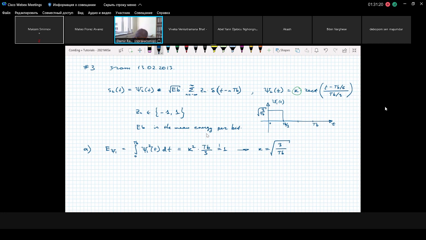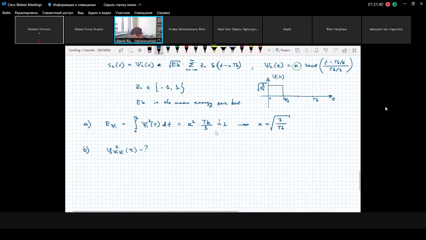Then for part B, we need to find the autocorrelation function for this basis function. We know that it's not periodic, it's just a finite basis function that goes from 0 to capital T_b, and it has only one non-zero interval from 0 to T_b over 3. Actually we can treat this basis function as just a pulse that goes from 0 to T_b over 3.